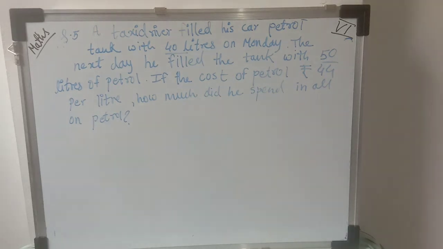And if the cost of petrol per liter is 44 rupees, so in all, 50 plus 40, whatever the addition comes to, combining them, how much money did he spend on petrol for these 2 days, that we have to find out. The question is saying that if the cost of 1 liter of petrol is 44 rupees, then on Monday he filled 40 liters and on Tuesday 50 liters, so combining both, how much did these many liters cost him, that is the question.